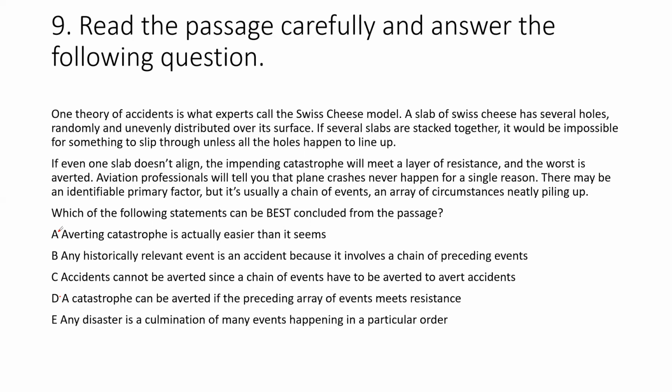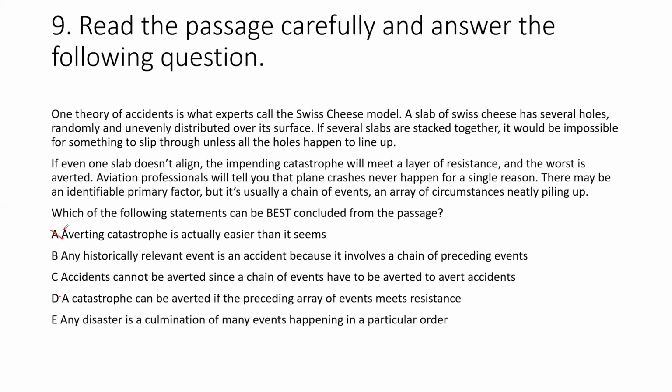So we have to look for the best conclusion from this. Let's move to options. Option A, averting catastrophe is actually easier than it seems. Author did not discuss how to avert catastrophes, right?